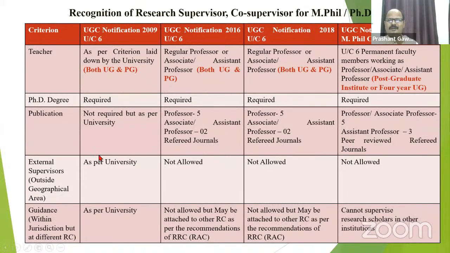But during 2009, there is a chance of the award of supervisorship to a person sitting outside the area of the university jurisdiction. This is the major change that happens from 2016 to 2020.